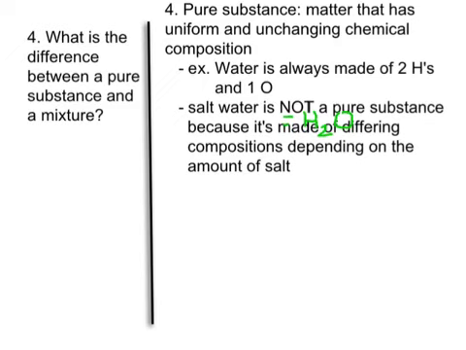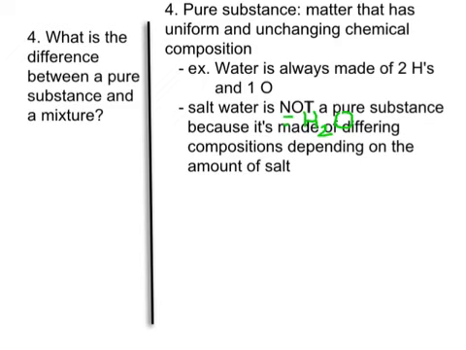Okay, because there'll be different amounts of salt depending on where you get your salt water from. Okay, if you mix your own, you can put a tablespoon of salt into a cup of water, or you could put a cup of salt into water. Okay, you're going to have a different amount of salt. Same thing with the oceans. Okay, some oceans are saltier than others. Okay, and different parts of the oceans are saltier than other parts.